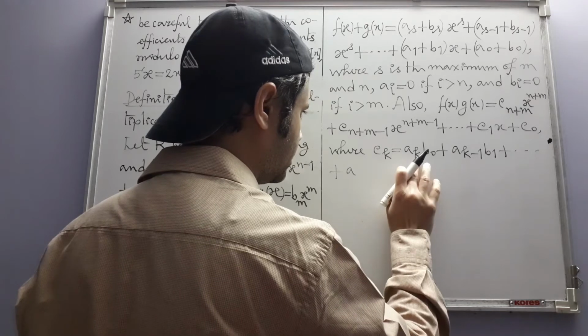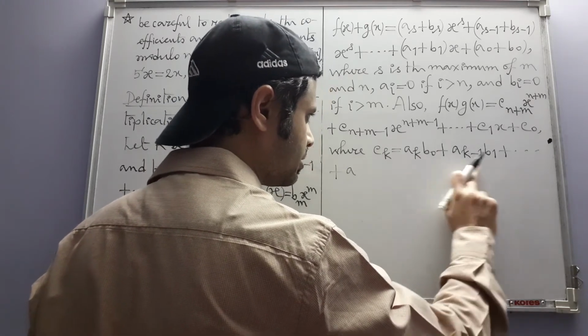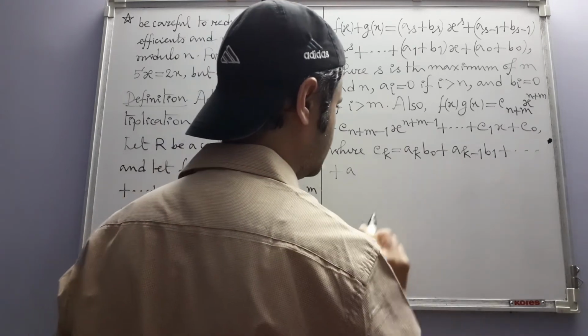So eventually the suffix of a is decreasing and correspondingly the suffix of b is increasing.